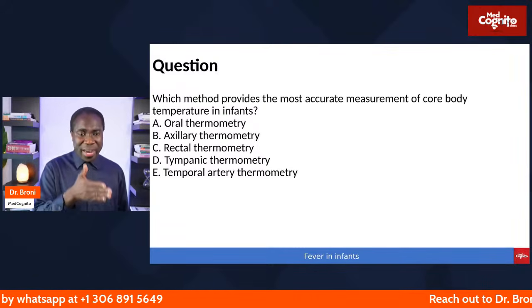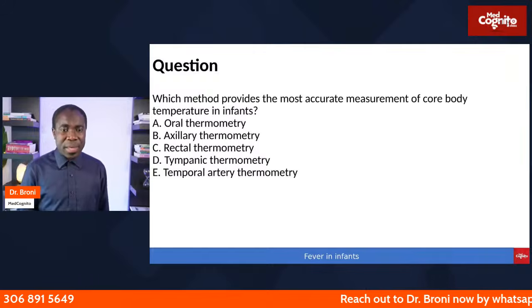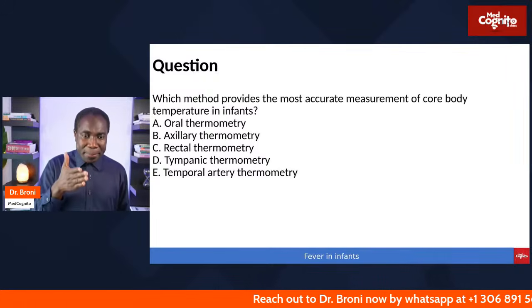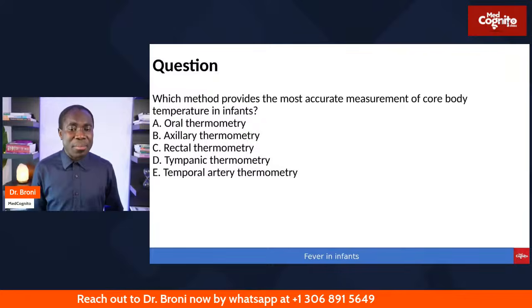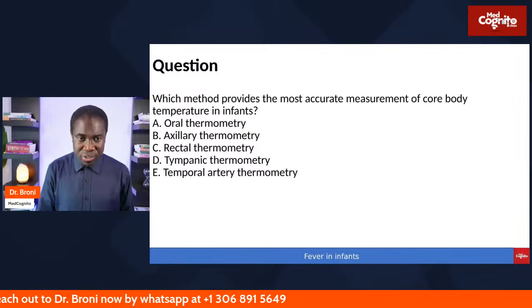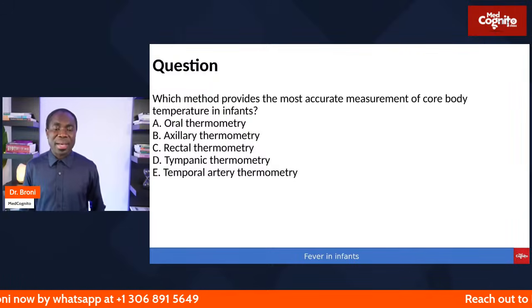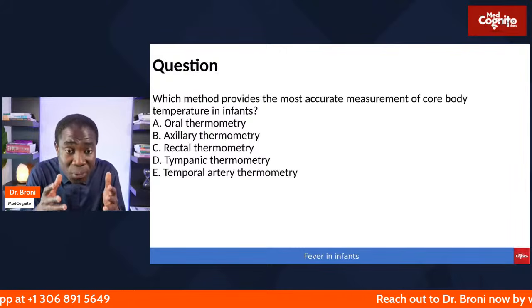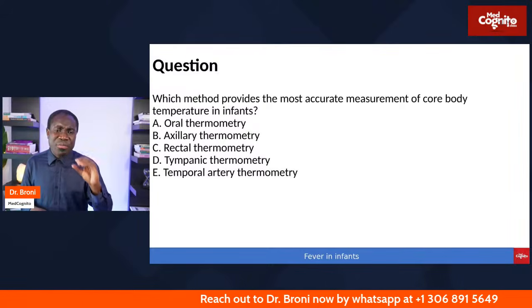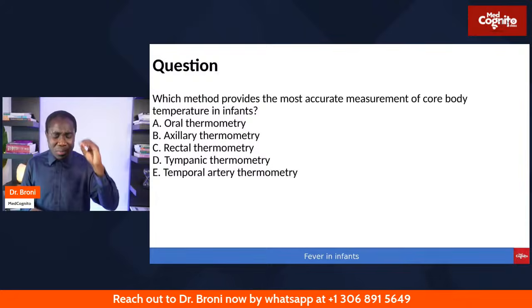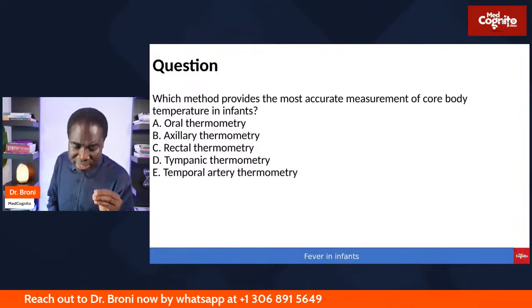C, rectal thermometry. D, tympanic thermometry. And E, temporal artery thermometry. So in other words, if you want to measure the core body temperature of a child, which of these gives you the best and most accurate method of doing that?